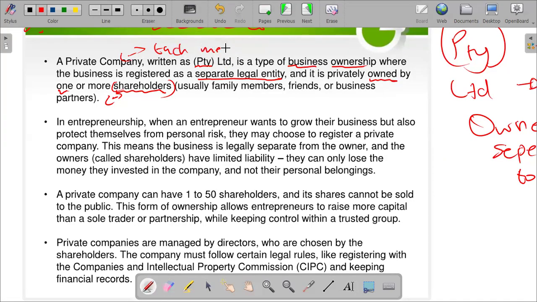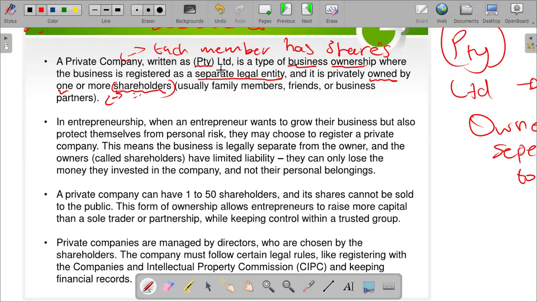So it is a business registered as a separate legal entity, privately owned by one or more shareholders, not partners, not colleagues, but shareholders.